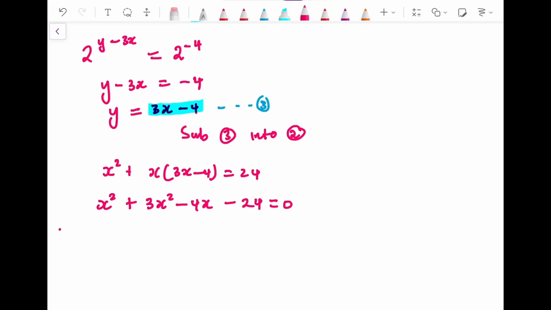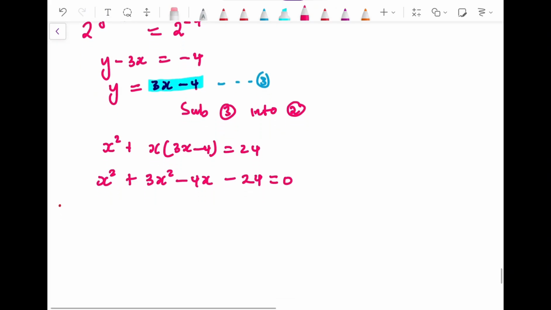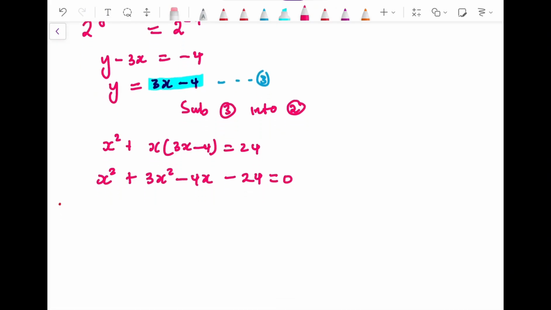This is equal to 0. And then from here we can add the x squared terms. So we have 4x squared minus 4x minus 24. This is equal to 0.